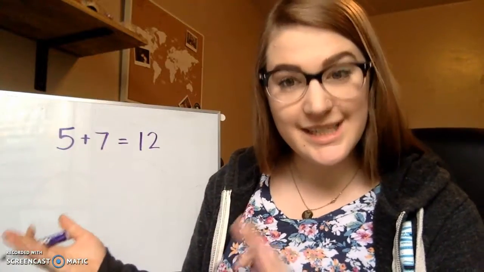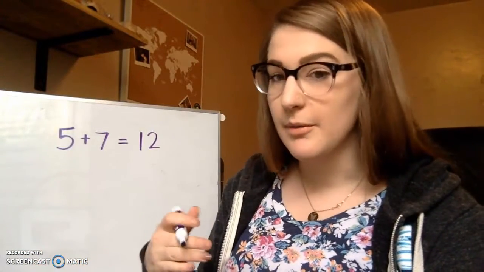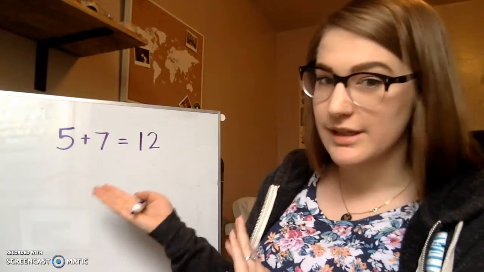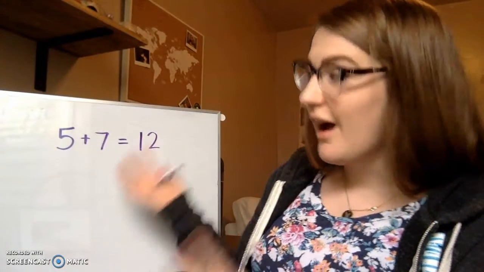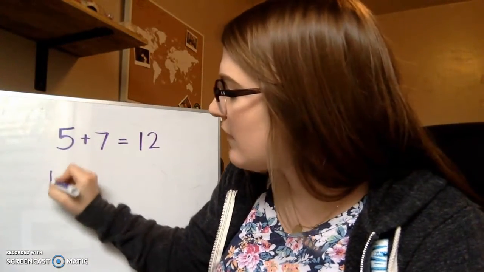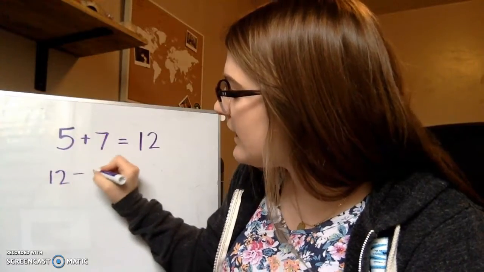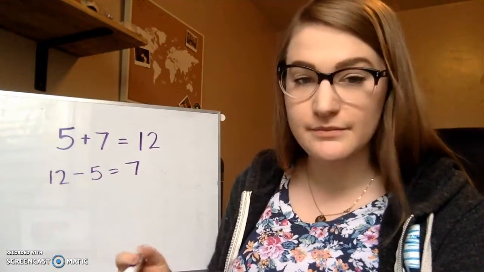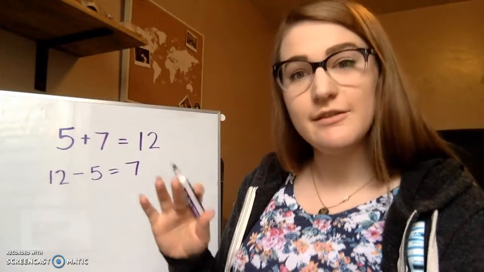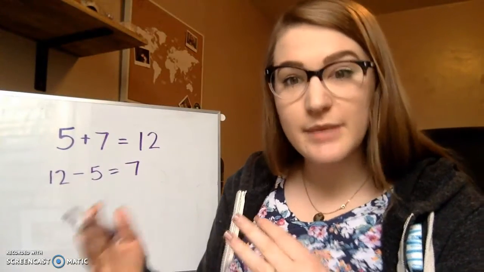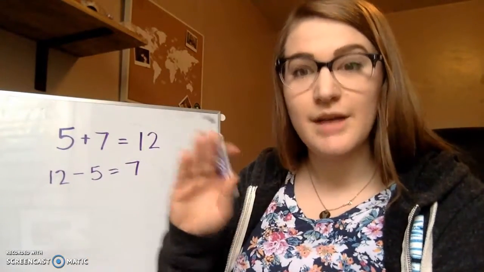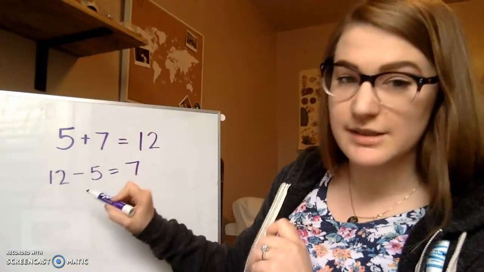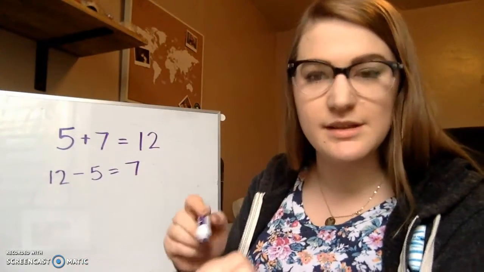So since addition and subtraction are inverse operations, what could I do to undo this problem? I could do 12 minus 5 equals 7. So an inverse operation kind of means that the one undoes the other one. So addition and subtraction are kind of opposites of one another.